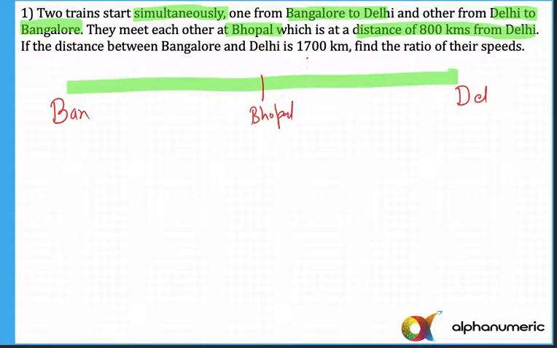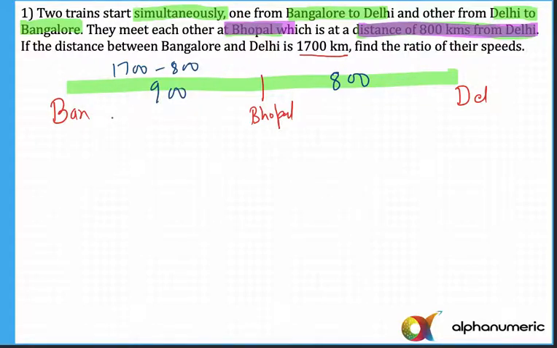The total distance between Bangalore and Delhi is 1700, but they meet each other at Bhopal, which is at a distance of 800 kilometers from Delhi. So the distance between Delhi and Bhopal is 800, and the total distance is 1700. So Bangalore to Bhopal will be equal to 1700 minus 800, which is 900.